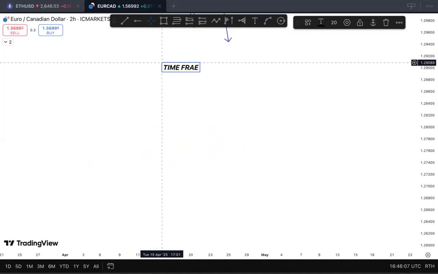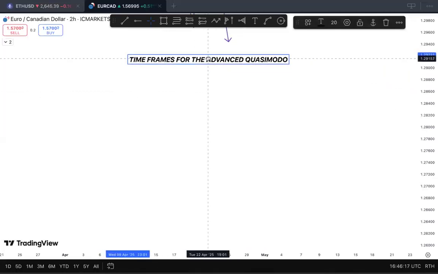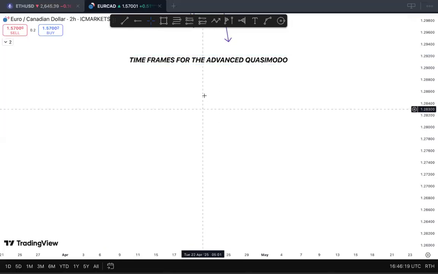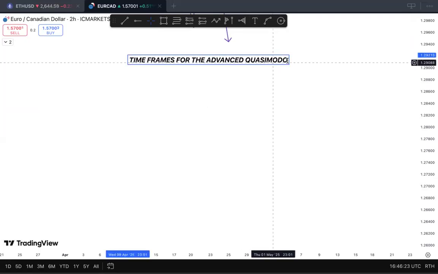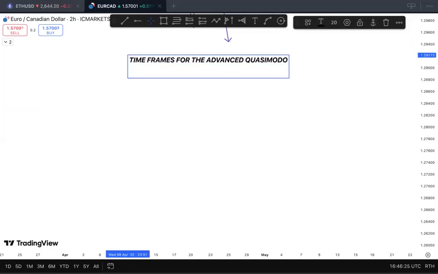Time frames for the Advanced Quasimodo. So we trade, number one, we use the higher time frame.